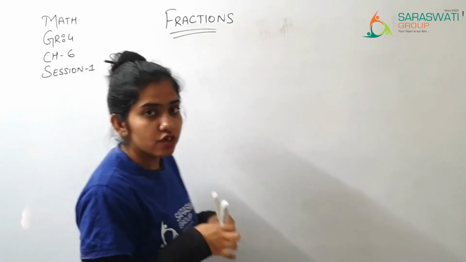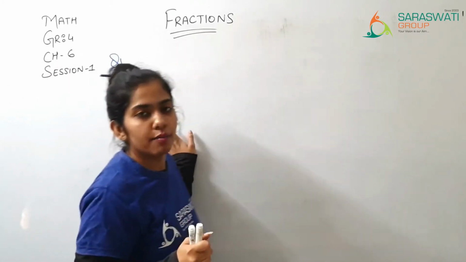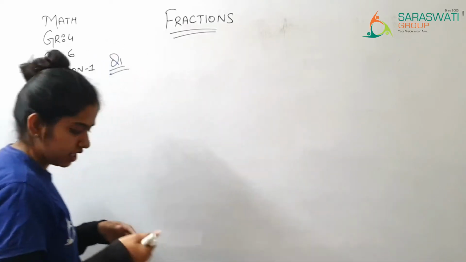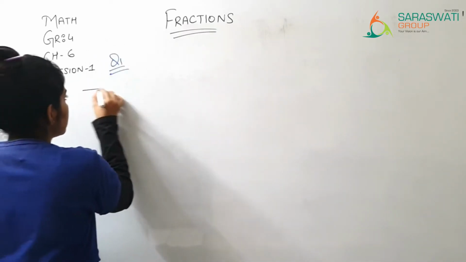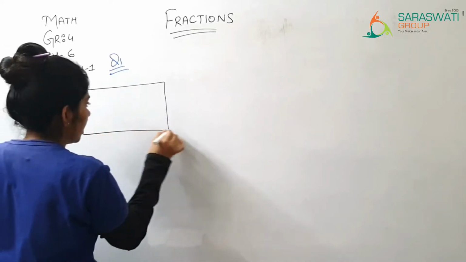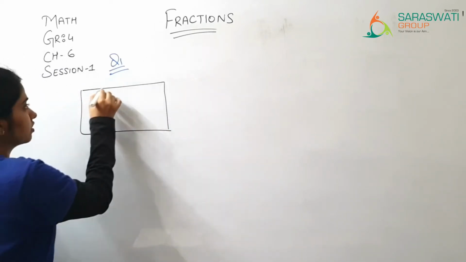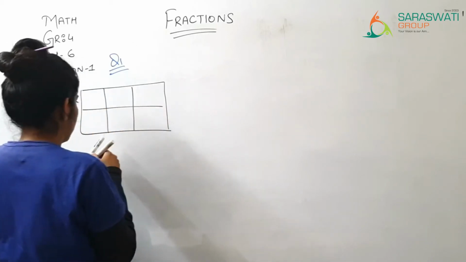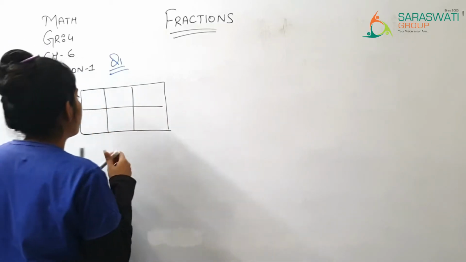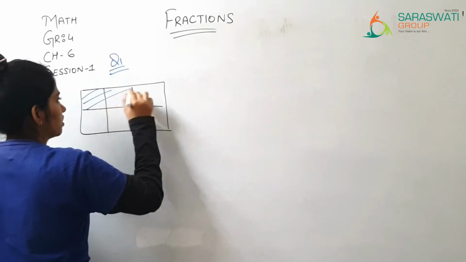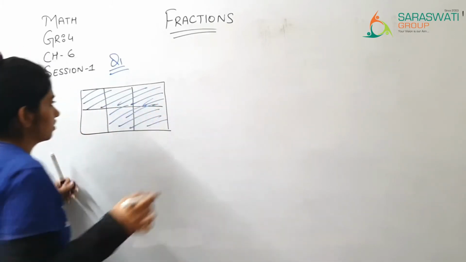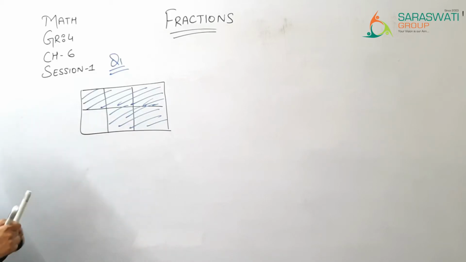Write the fractions of the shaded portion. આપણને shaded portions આપ્યા છે. હવે એના આપણે fractions લખવાના છે. So the first one is given like this way, and from these 6 parts, all these parts are shaded.